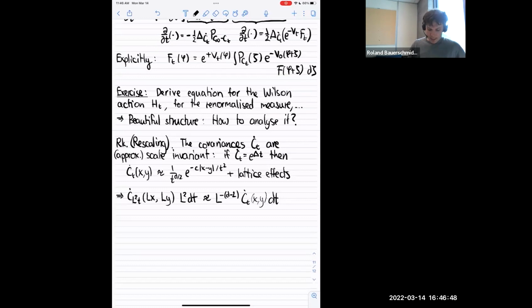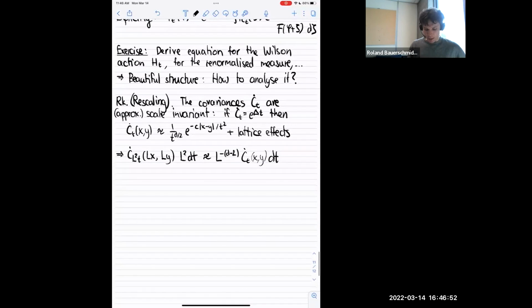So this C dot, which appeared in the Polchinski equation or elsewhere, is approximately scale invariant, and so it would be natural to add a rescaling procedure to the equations.